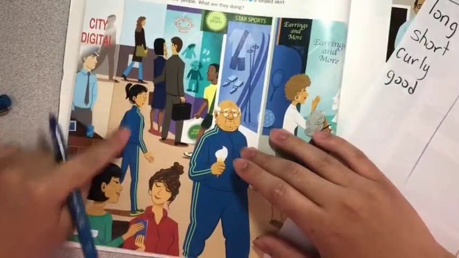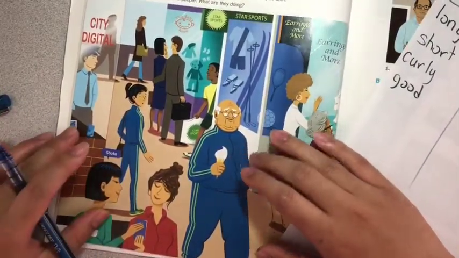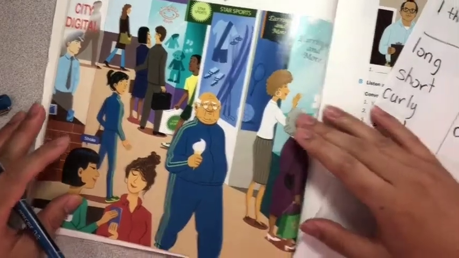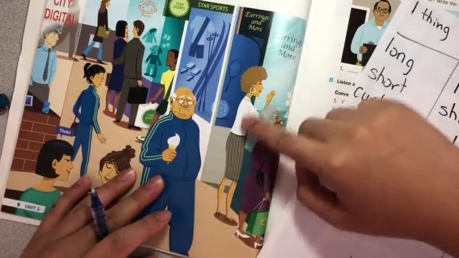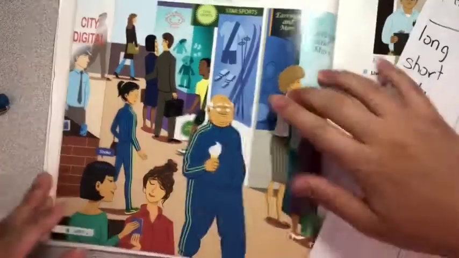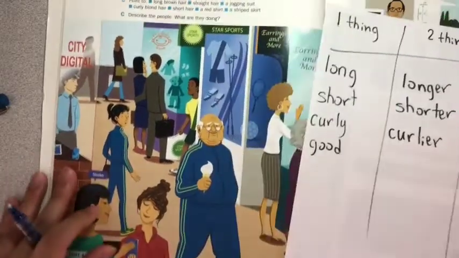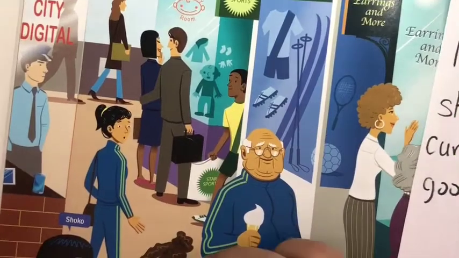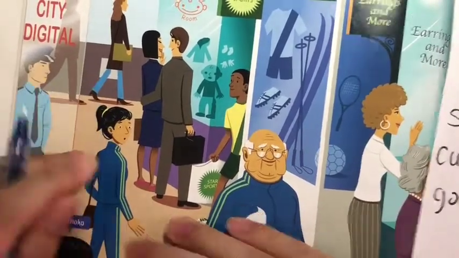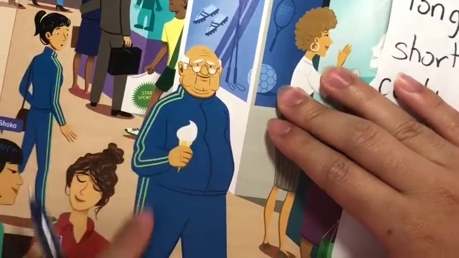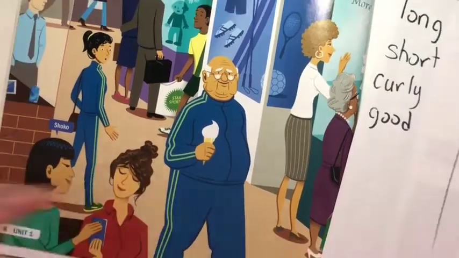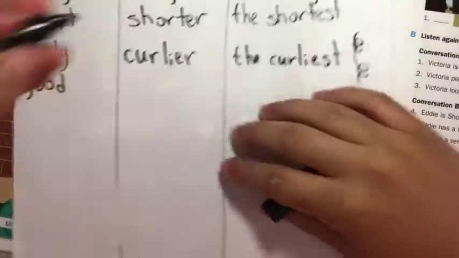So right now, her outfit is a blue jogging suit. Just like how her outfit is a white shirt and a gray skirt. Her outfit is a blue jogging suit, and she thinks she looks good, right? Look at her face. Look how surprised she looks. She's looking at this man here with the same outfit, and she's thinking, dang, he looks better than me.